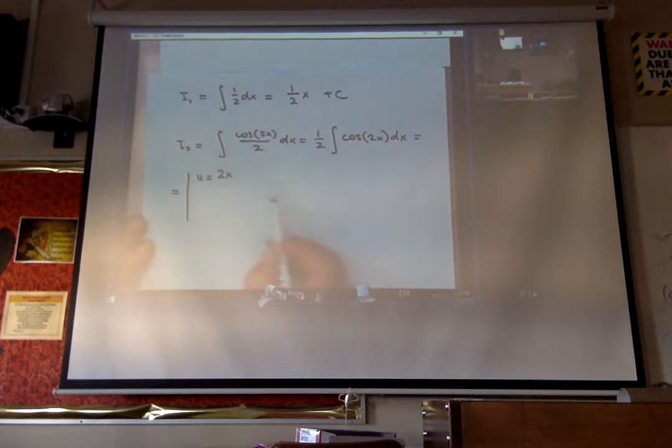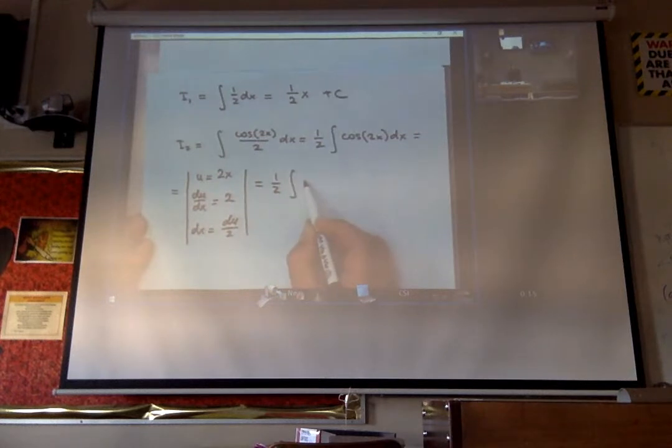Just 2x, because if I have cosine of u, then it's easy to find the antiderivative, okay? So u is 2x, so du over dx will be 2, and then we have dx equals du over 2. So if we put this back, we get 1 over 2 integral of cosine of u times du over 2.